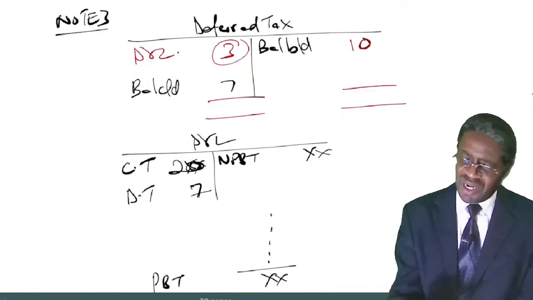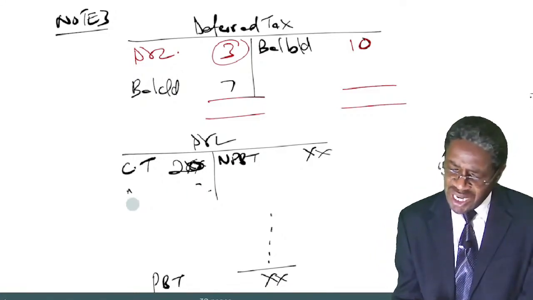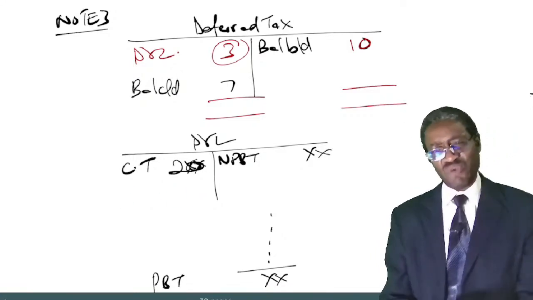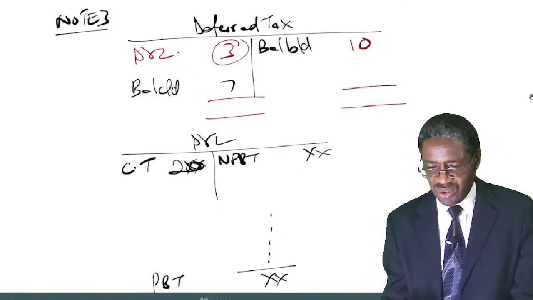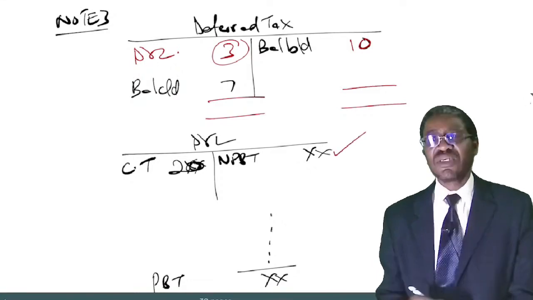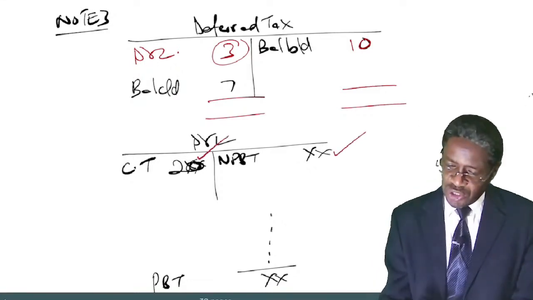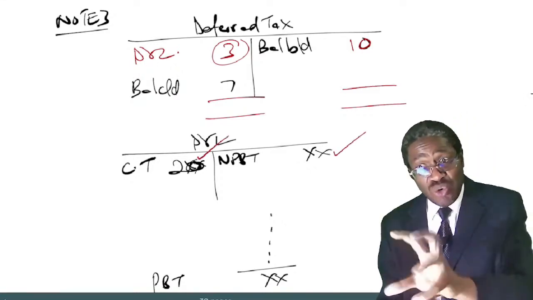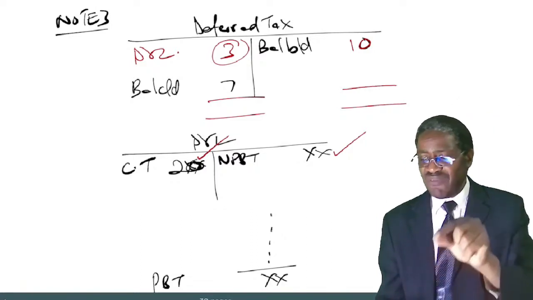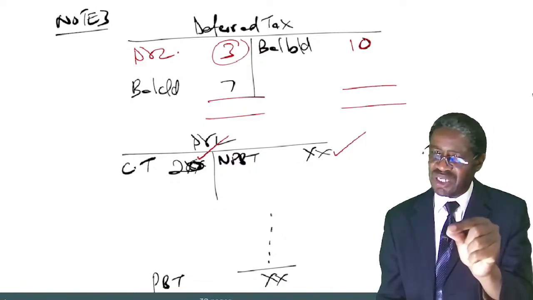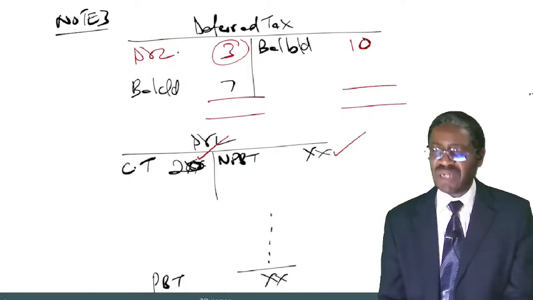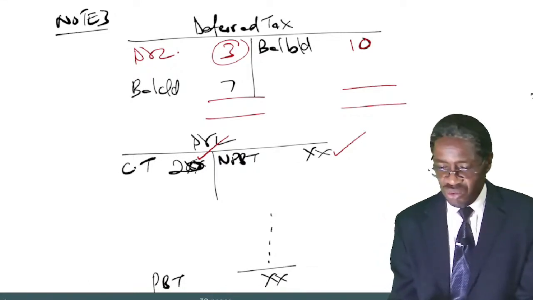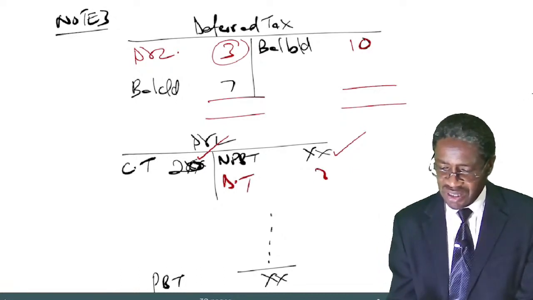Having debited deferred tax, what about the P&L account? If you look at the P&L account in a T format, profit before tax is always credited, out of which you normally pay corporation tax. Then you argue about deferred tax. We have debited deferred tax by 3, which automatically means you must go and credit the P&L account. So you will come and say deferred tax, that is 3.